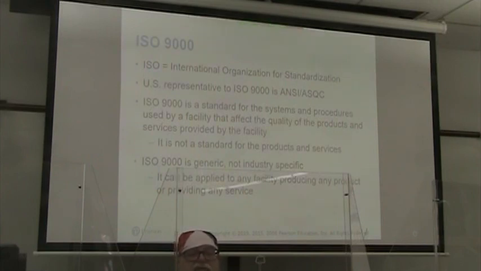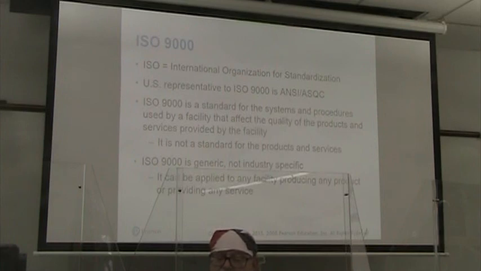Our U.S. representative is the ANSI, well, I'm not even sure how you're supposed to say that. I believe that means the American National Standards Institute and the American Society for Quality Control.